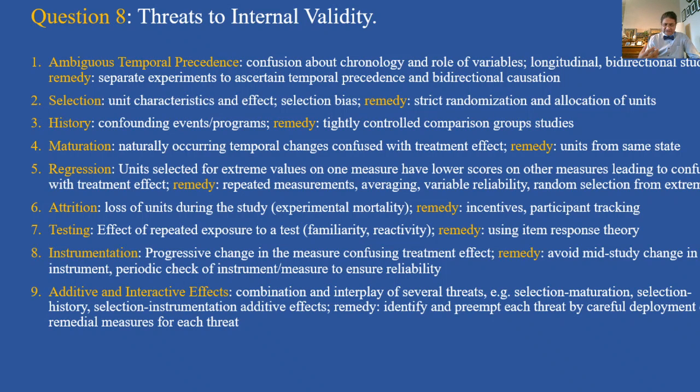It needs diligence and a careful, painfully systematic approach. But the solution is to carefully identify each threat and then apply remedial measures specific to each threat, but at the same time also considering the other threats that are present in the study.